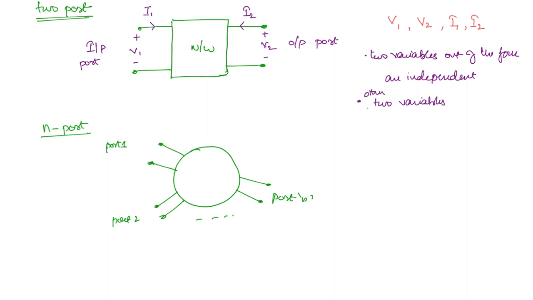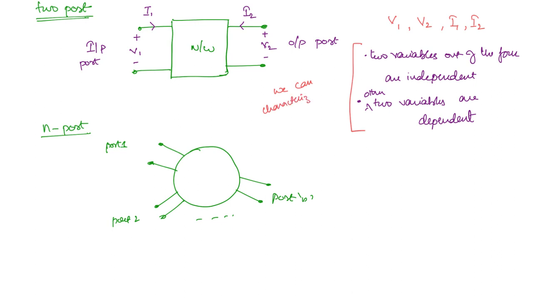So taking 2 variables as independent and 2 variables as dependent, we can characterize the two port network.